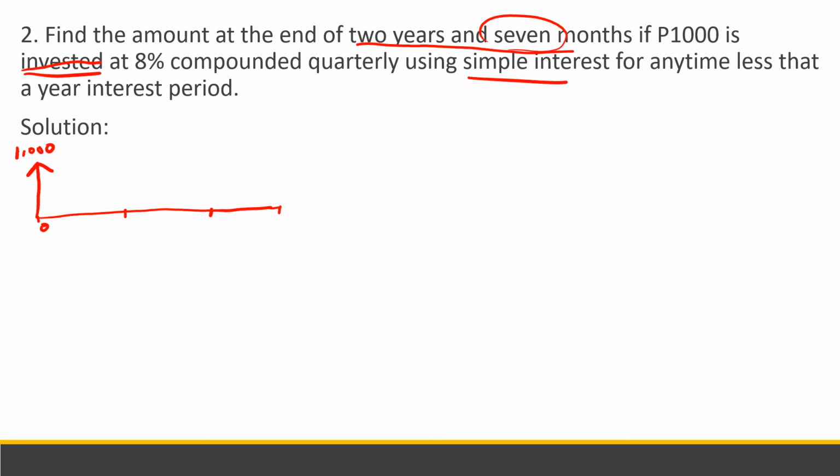So dun sa convention natin, pag cash out, pataas yung arrow. And then, so sa 2 years, gagamitan natin ng compound interest. So separate sila. So merong F1 dito. And dito naman is merong F2.